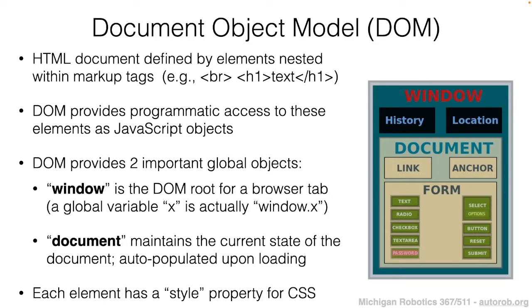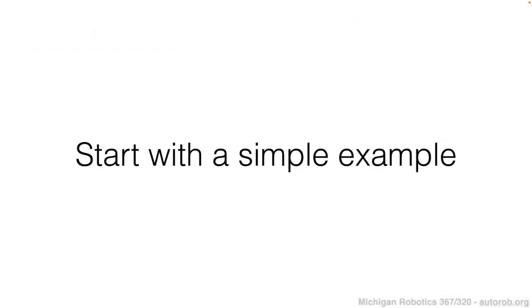This document object is what maintains the current state of the document, what the browser is currently rendering on the page. When you load the page, this document object is what gets populated with the elements of the HTML file.